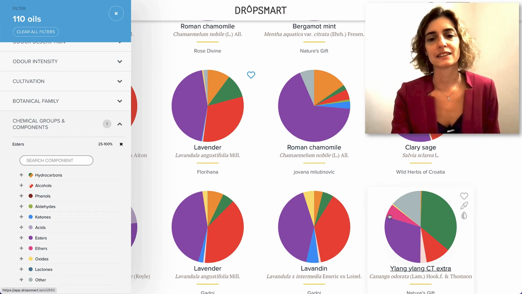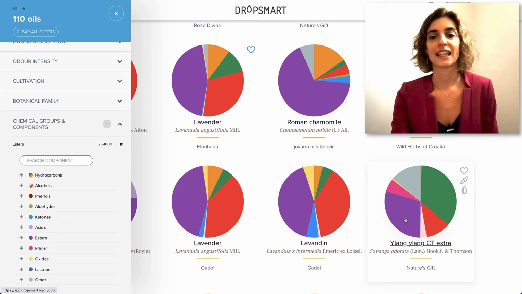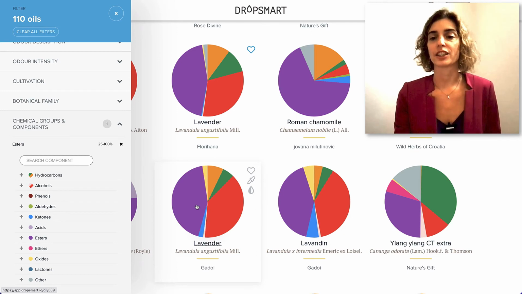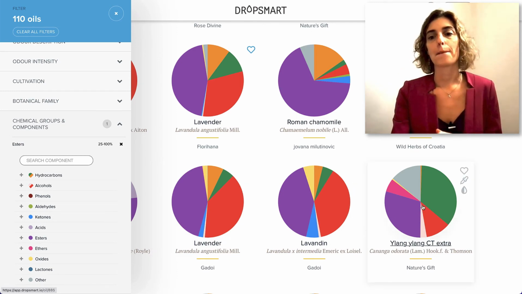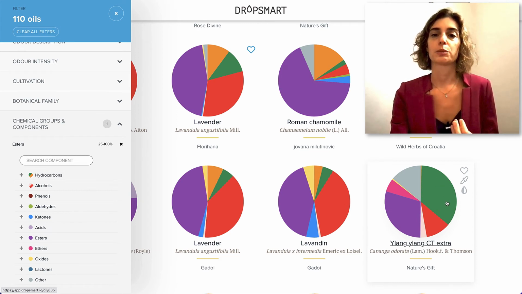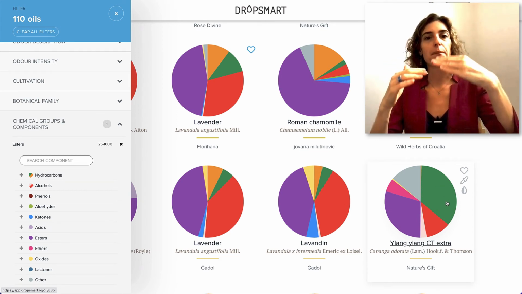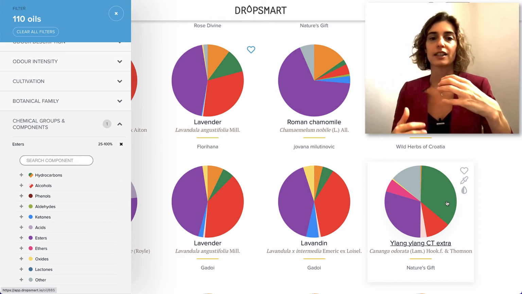Now you might understand better why an oil such as ylang ylang is heavier than lavender, because ylang ylang has a chunk of esters, but also quite a large portion of sesquiterpenes. So now you see why ylang ylang is somewhere between the middle note and bottom note, an intense smell as well.